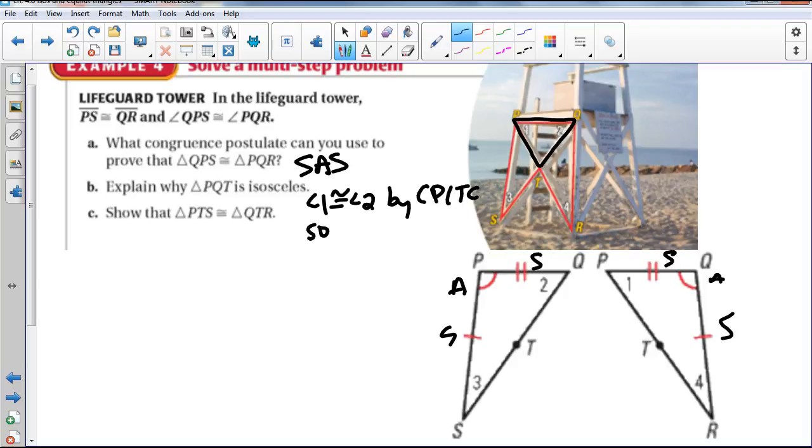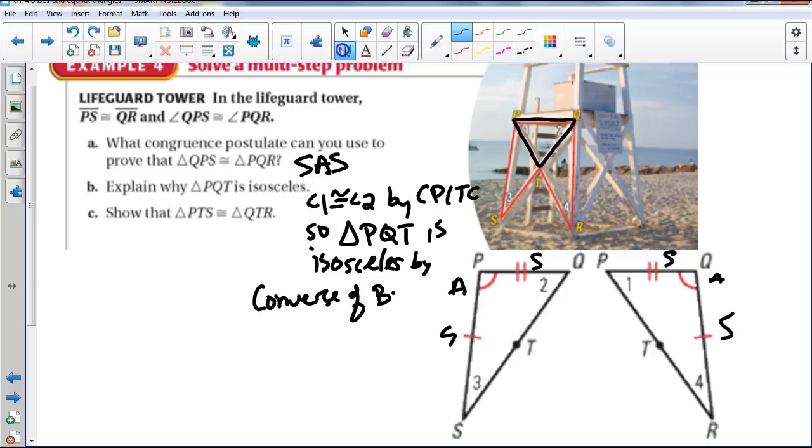So triangle, sorry, I was reading the wrong line. So triangle PQT is isosceles by converse of base angles theorem.